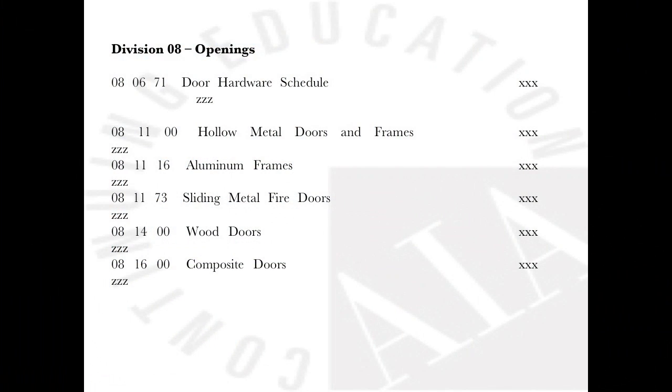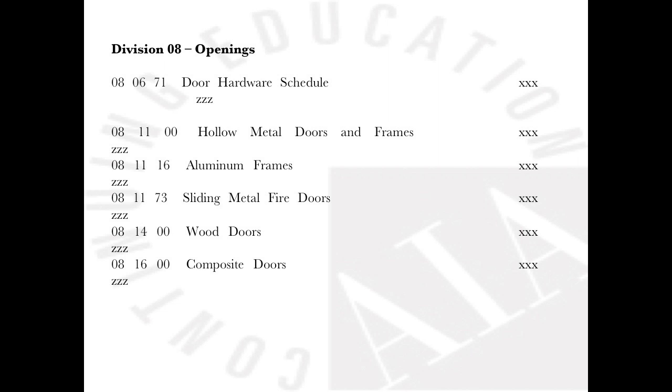You can also start writing those questions down because those are the things that are part of the checklist. You can then communicate that to them. As an example of that kind of thing, I have here just a couple of sections that are at the top of the Division 8 openings division.